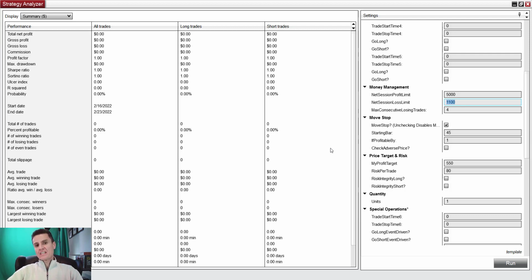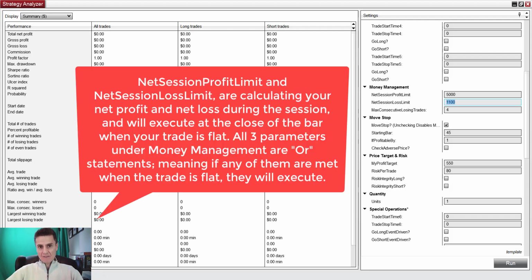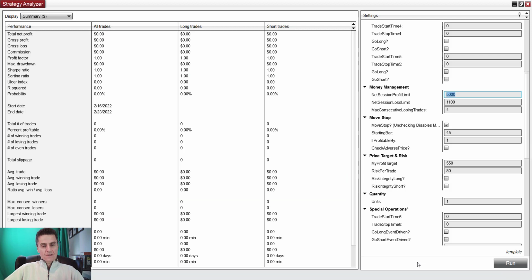When the trade is flat, when we're out of the position, my system will look to see if you're down $1,100 or more. If so, based on what I just inputted, it's going to say I'm not going to look for any more trades. So the system will stop looking for trades. I also have 5,000 here. If I hit 5,000 in profit, then when the system is flat and I'm up at least 5,000, the system's going to stop looking for new trades.